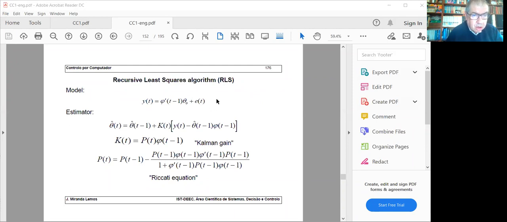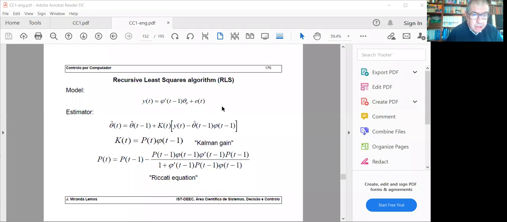If you had no noise, you could, at least in principle, do a number of observations equal to the number of parameters, and you would end up with a system of equations satisfied by theta naught.